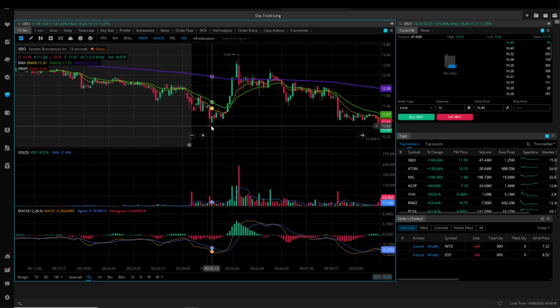So I bought it exactly at the dip at 10.82. This is like 250 shares, and I sold it at, let's see, 10.92, so 10 cents per share. So I made like 25 bucks. So this is kind of like the cushion for my day, like $25. It's not too big, not too bad.